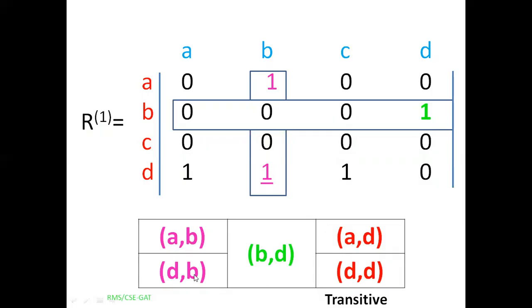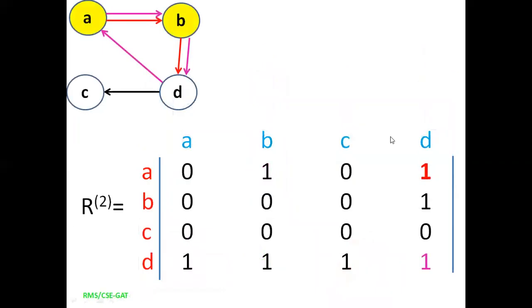Similarly D to B and B to D. By merging this I get D to D. So now in R power 2 I get two new ones, and the positions of those ones are AD and DD. So AD and DD get 1 in R power 2. See, AD and DD get 1 in these two positions, and this forms R power 2.